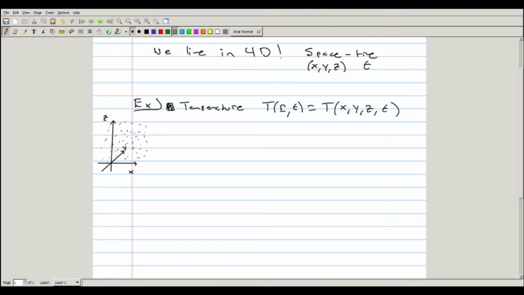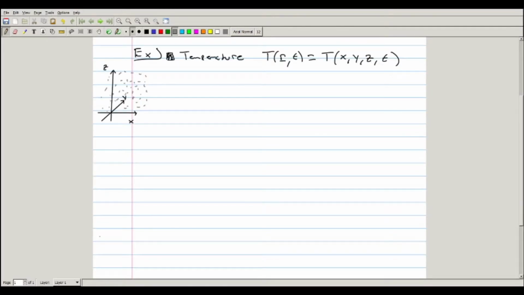But then if you turn on a heater at some location and open up a window at some location, heat starts to flow out of the room and heat starts to be generated at the point that the heater is at.